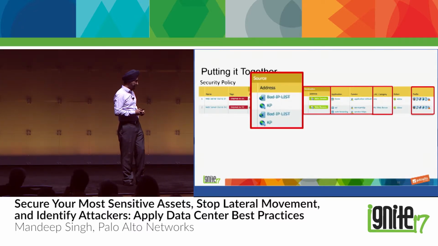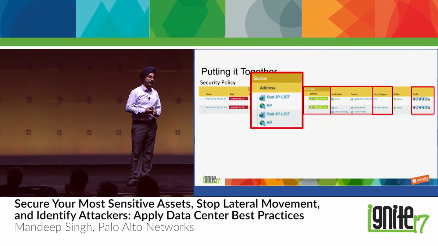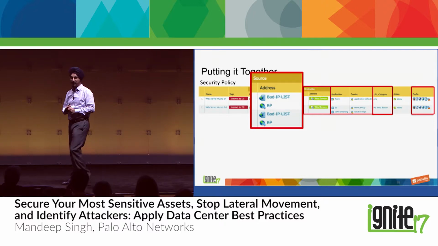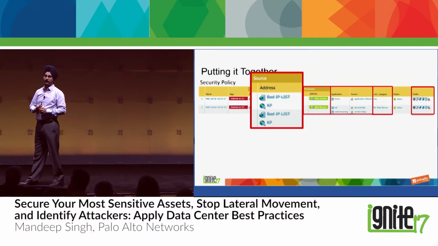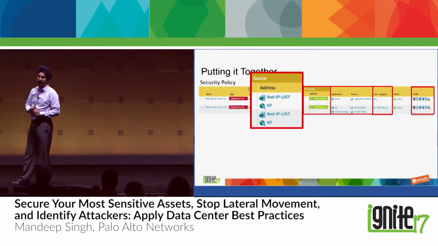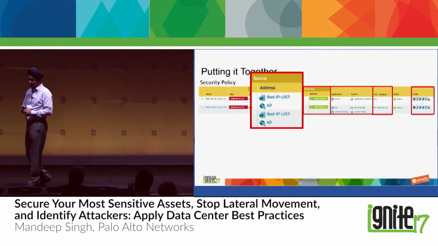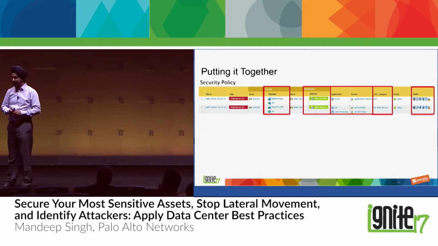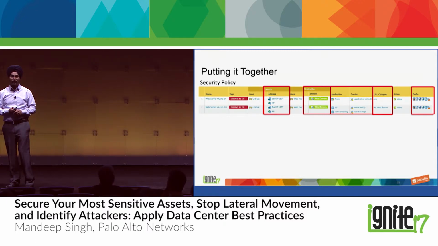As you can see, in the source-based controls, we have done a negate on a bad IP list. Anything that's coming from this EDL, external dynamic list, please don't allow it. No access from North Korea. Destination, only to my web servers, right? You write an address object for that.